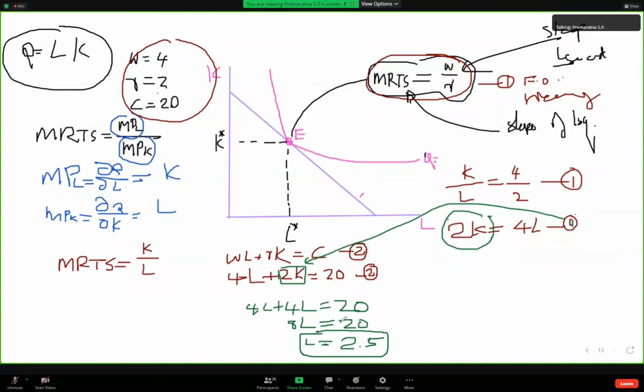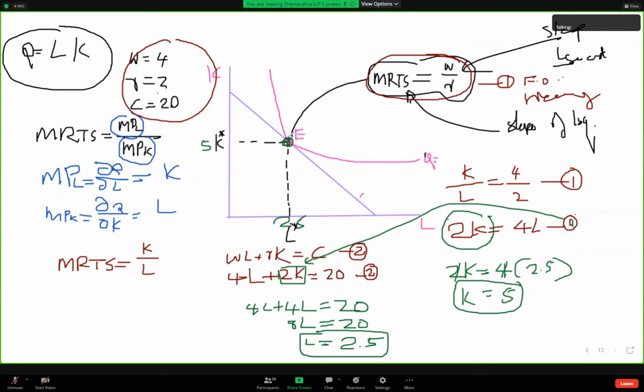Now with this equation you can find K also, because 2K equals 4L, then multiply by 2.5, so K equals 5. So the optimal combination is capital 5 and labor 2.5. In the exam you should be able to do that.